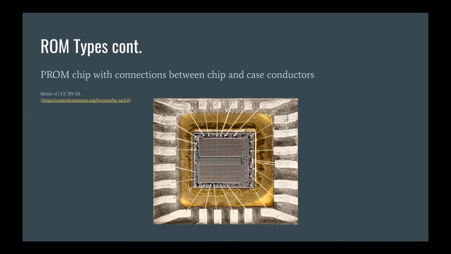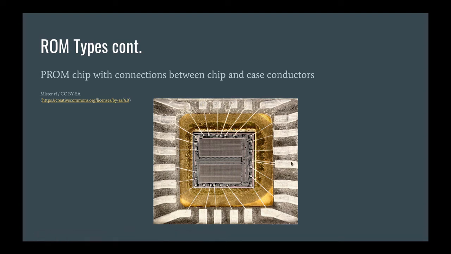So back into the presentation. This is another demonstration of a PROM chip. This one shows a little bit better how the connections go from the surrounding case of the chip to the chip itself. The square in the middle is actual silicon on a gold foil base for the connections.